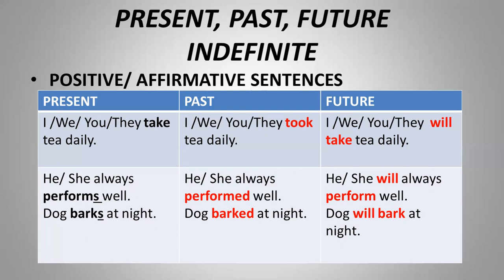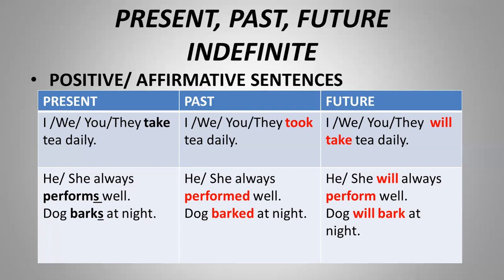Moving on to future indefinite, you can see the example. There is yet another shift, and that is the use of will. Verb form alone cannot determine future tense. So that's why we make additional use of will, that is helping verb, to complete our sentence, and that is what it becomes. I will take tea daily, you will take tea daily, and they will take tea daily.